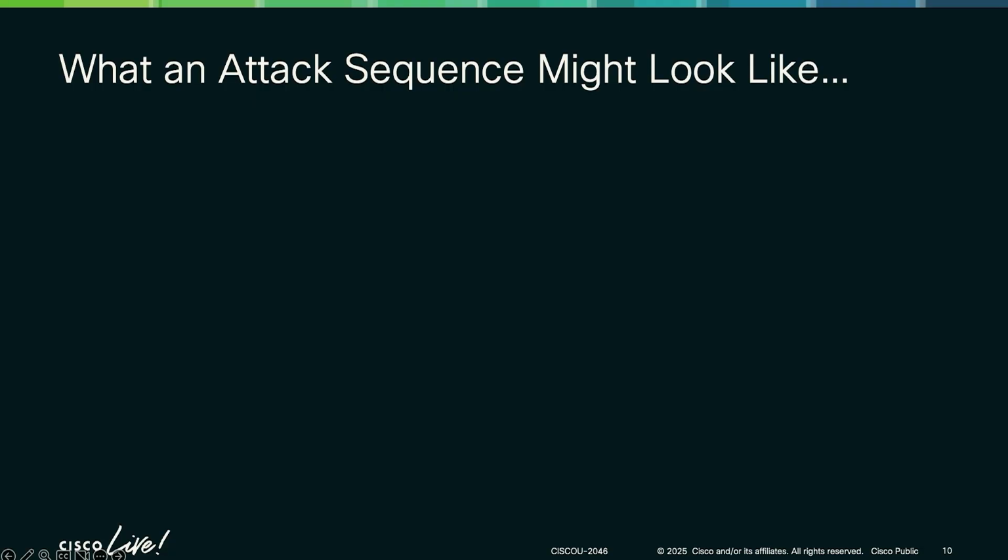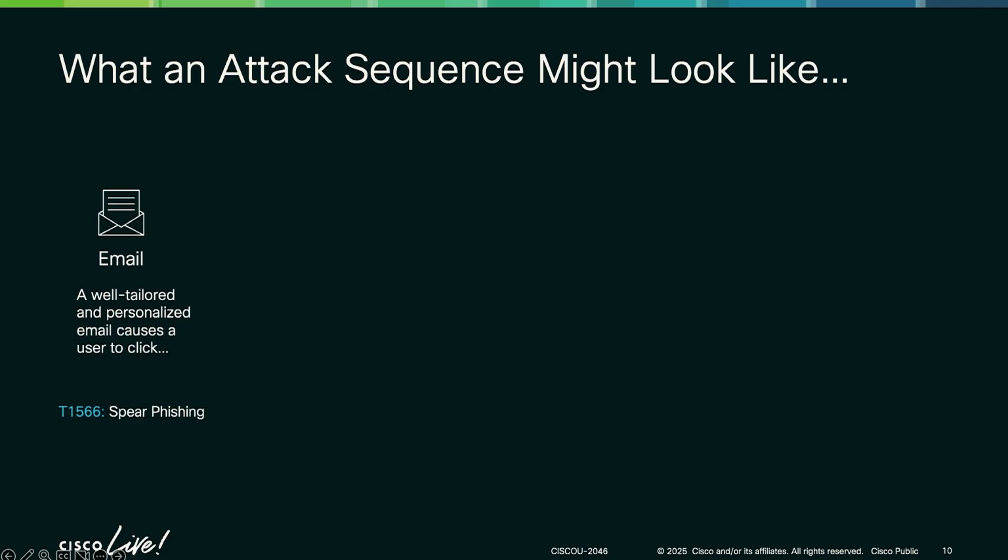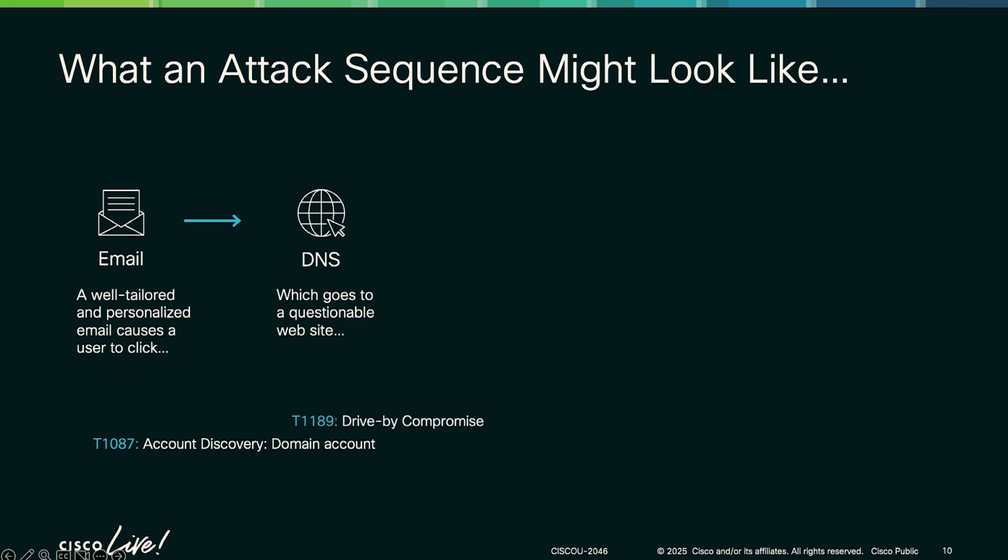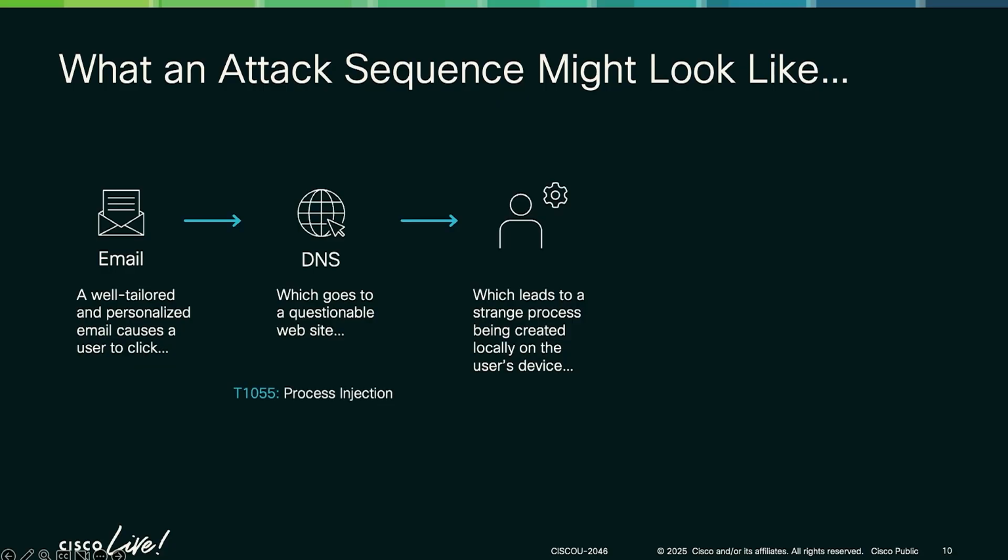And just to kind of lay it out a little bit differently, what an attack sequence might look like, it might start with a well-tailored email. Maybe it's a spear phishing attempt, which is targeting a specific individual to gain access into their system. From there, though, when you click on that link in an email, it's going to make a DNS query to a questionable, potentially malicious site, to get a piece of malware or some kind of file to download.